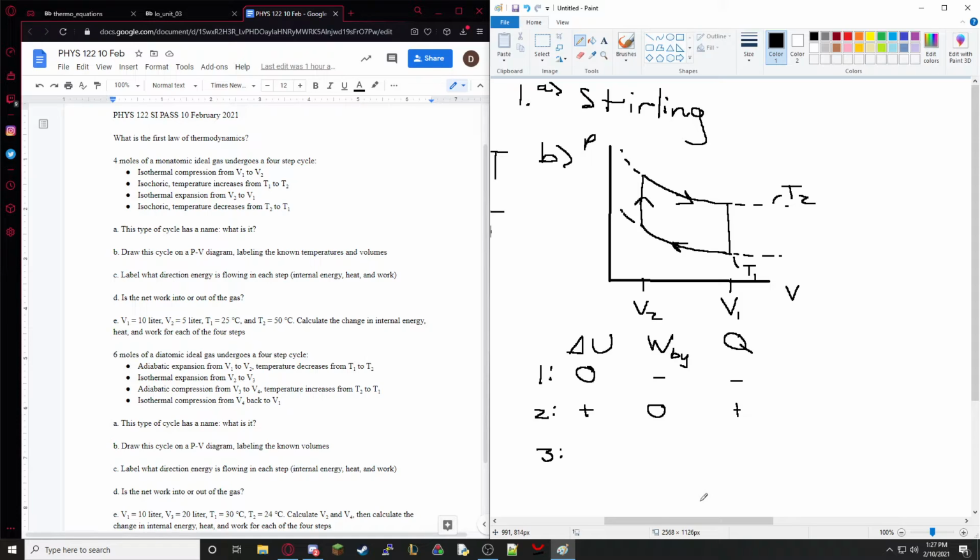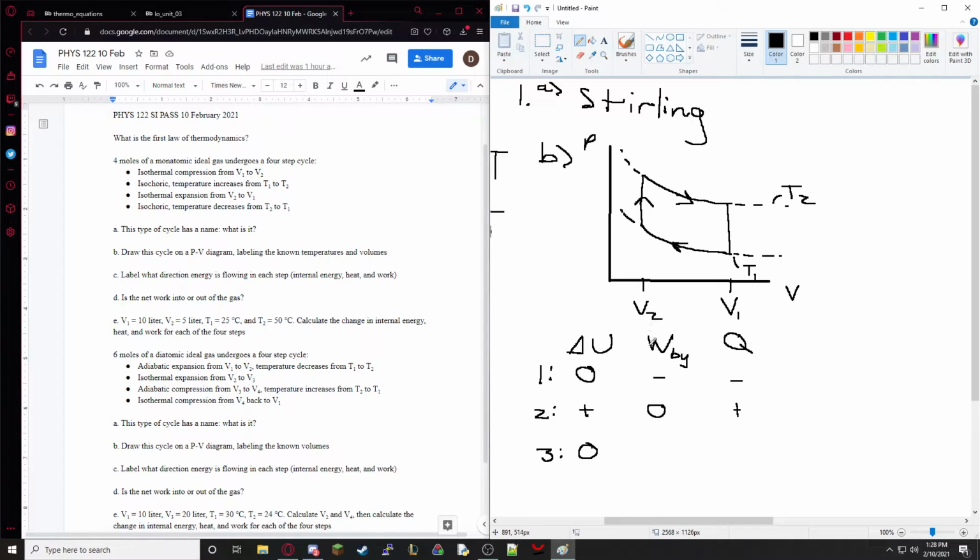Similar to step 1, what is our change in internal energy and why? Our change in internal energy would be 0 because our temperature doesn't change. Exactly. Once again, we're on an isotherm. It's an isothermal process. No change in temperature means no change in internal energy.